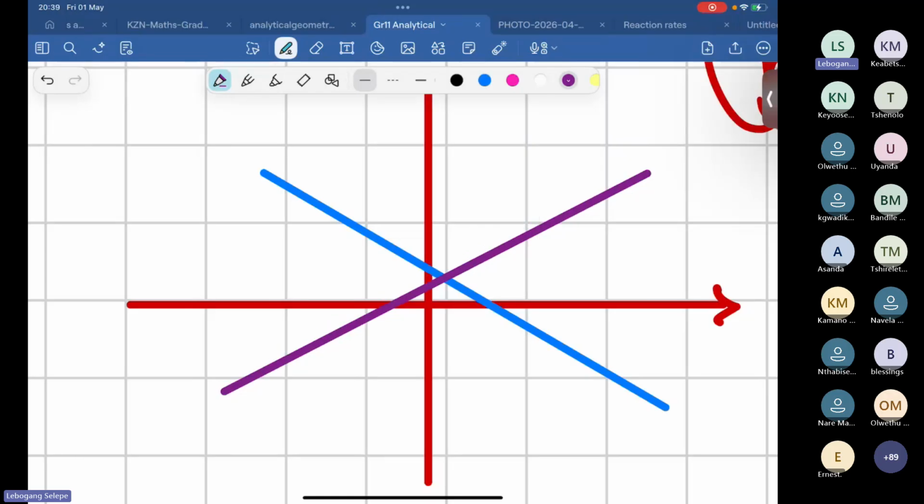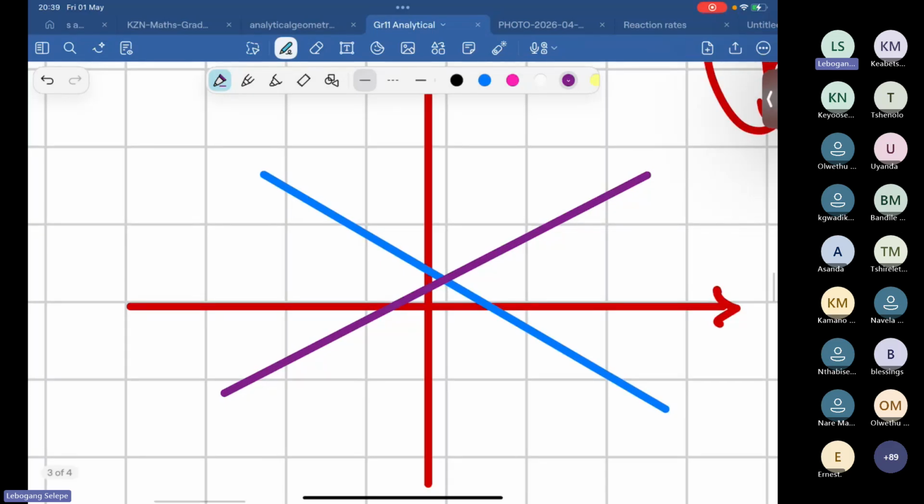If it's the purple one, a positive line segment, still the angle of inclination is drawn from the positive x-axis to the line segment itself, like this. So this would be your theta for the purple one. For the blue one, the same rule applies. You draw your angle of inclination between the positive x-axis in an anti-clockwise direction to the line segment itself. So it doesn't matter. Just stick to the rule.